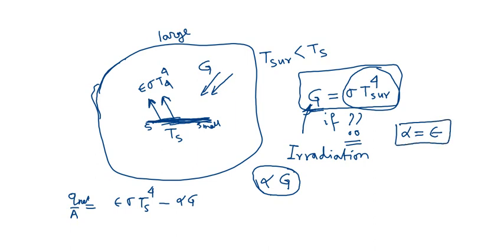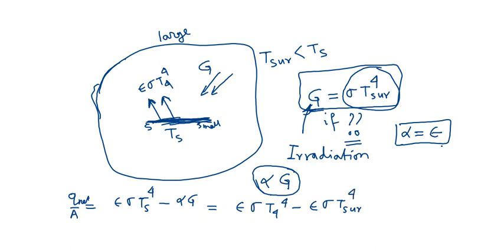So this is Kirchhoff's law. If we apply that here, this expression becomes epsilon into sigma Ts to the power 4 minus alpha, which you replace by epsilon because alpha and epsilon are the same, and G you replace by sigma T surrounding to the power 4.